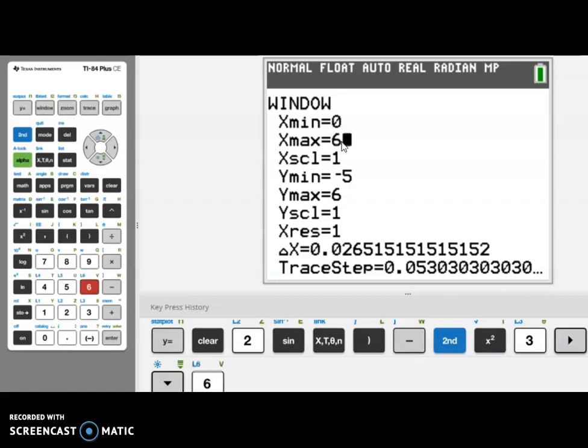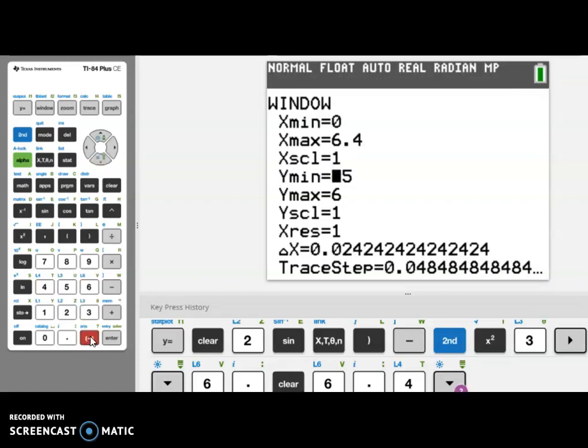We did 7 in class, but that was pretty big, or maybe 6.4. You want to go 0 to 2 pi, and 6.28 is 2 pi, so 6.4 is good. Then your y minimum and maximum should be negative 10 to 10.